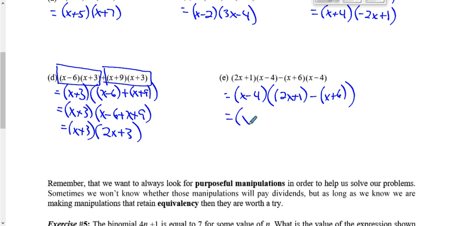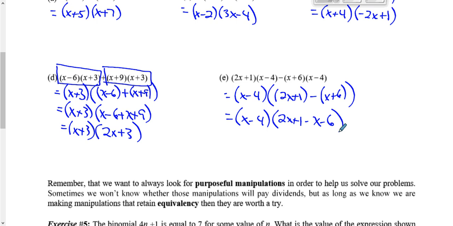So this x minus 4, and distributing through a 1 is still just 2x plus 1, right? But now I gotta distribute a negative, so it changes that. What you didn't do is distribute the negative through that second one. Oh yeah, negative x minus 6, right? You gotta be careful, okay?